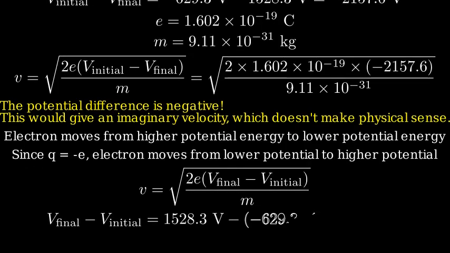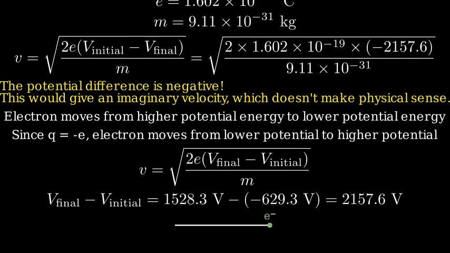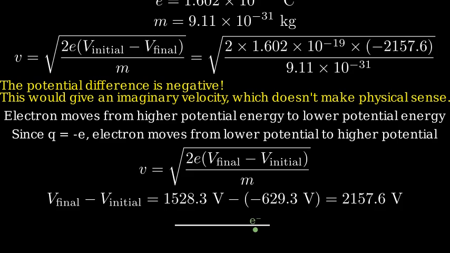Now the potential difference is V final minus V initial equals 1,528.3 volts minus negative 629.3 volts, equals 2,157.6 volts. As the electron moves from its initial position to its final position, it is accelerated by the electric field. It gains kinetic energy equal to the negative of the change in its potential energy.